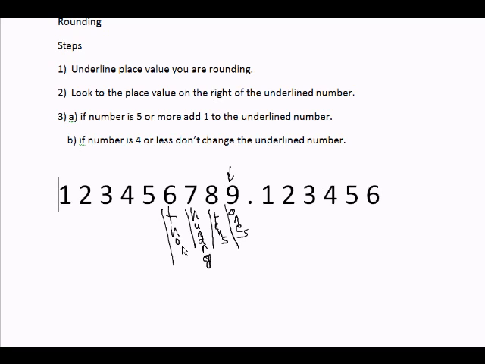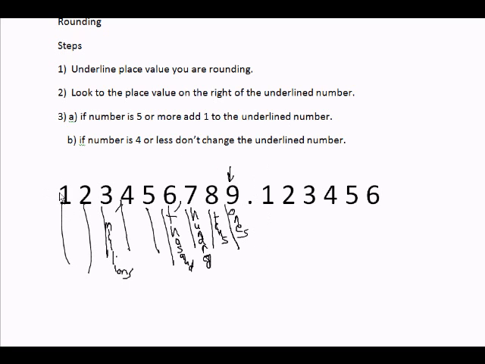Thousand. Then we have 10,000, 100,000. If you put the commas here, then we have millions, 10 million and 100 million.